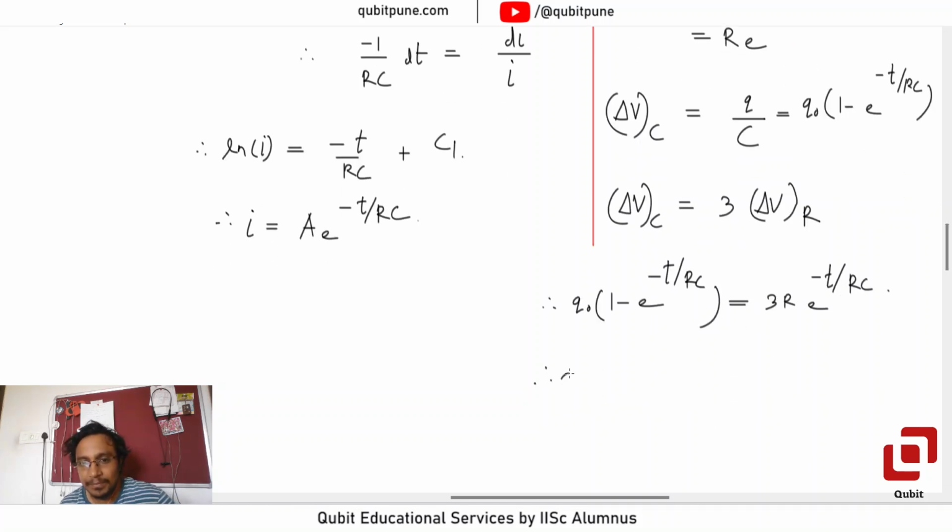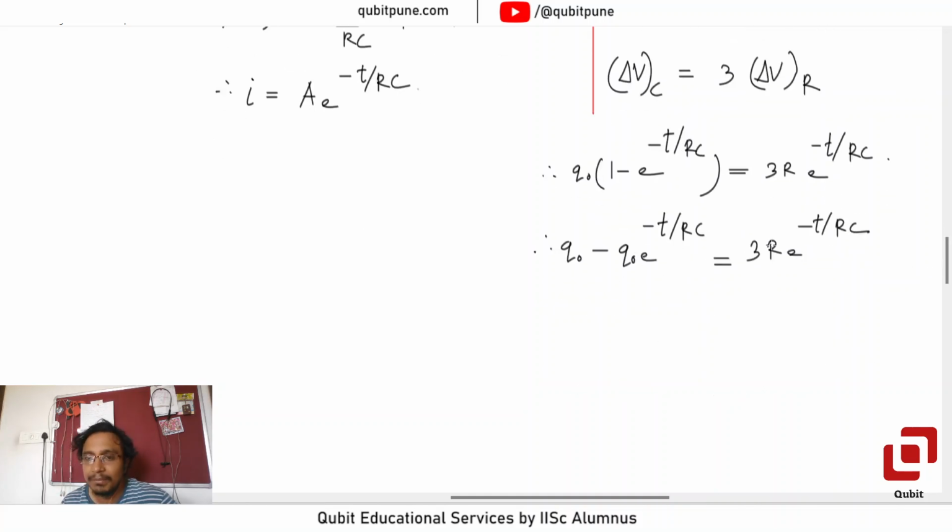Simplify. Q naught minus Q naught e raised to minus t by RC is equal to 3R e raised to minus t by RC. Now send this there. So Q naught is equal to 3R plus Q naught e raised to minus t by RC.